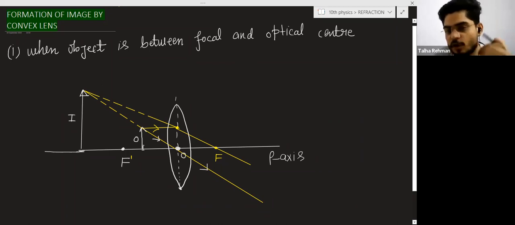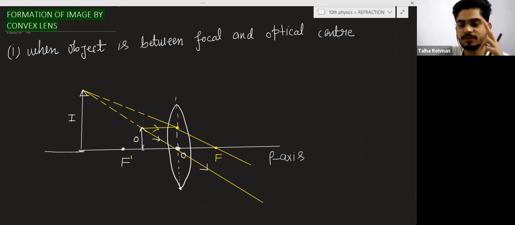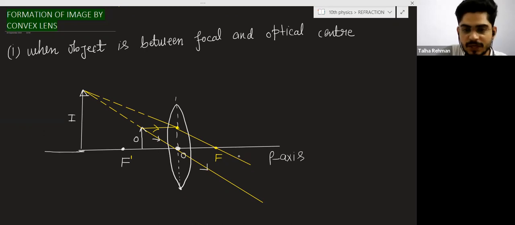I have also told you that for the formation of an image, at least two rays must meet or appear to meet. The second ray from this object passes through the optical center, and when a ray of light passes through the optical center it remains undeviated, so it goes like this. But in reality both the rays will never meet.